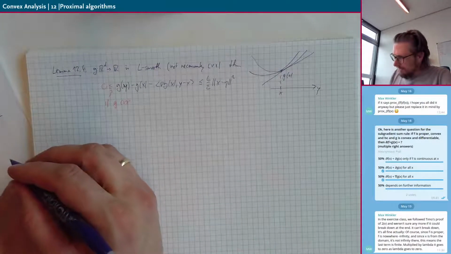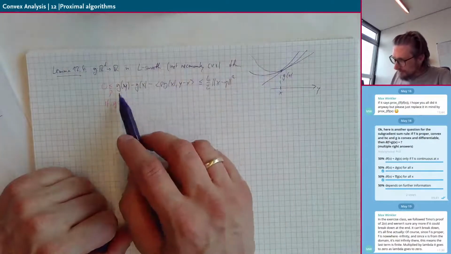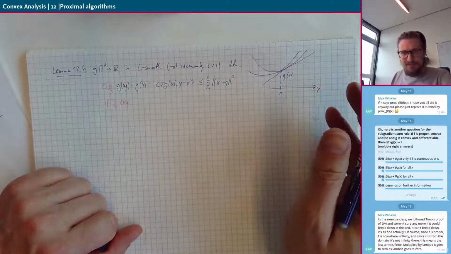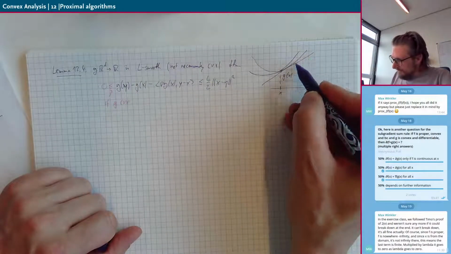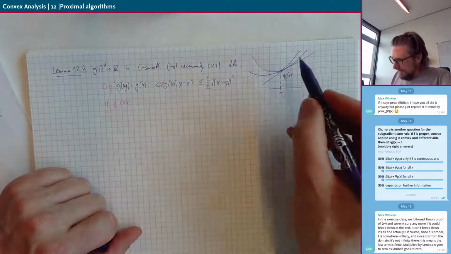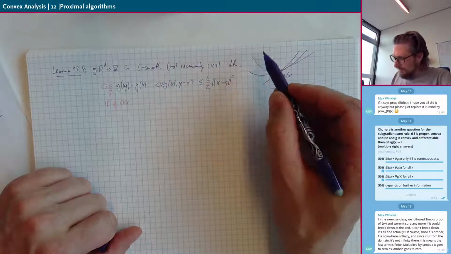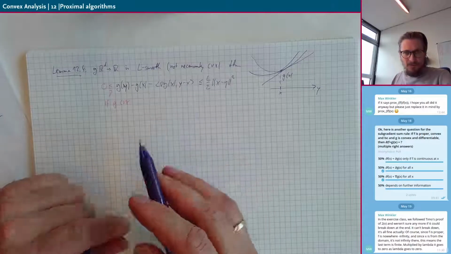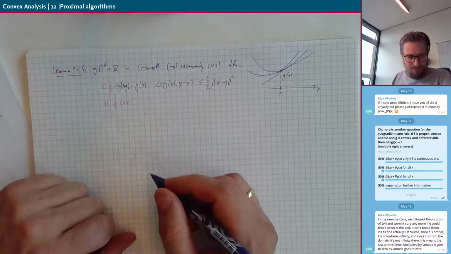So in the case of L smooth and convex, the function is nicely squeezed between the linear function below, of which you know the slope, and the quadratic function from above, of which you also know the parameter of the parabola.